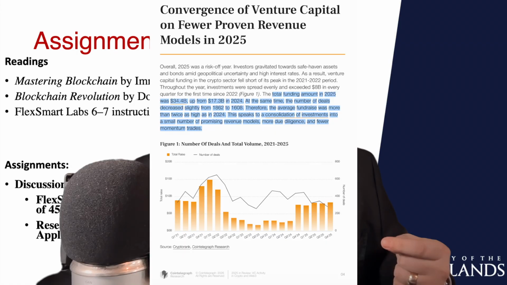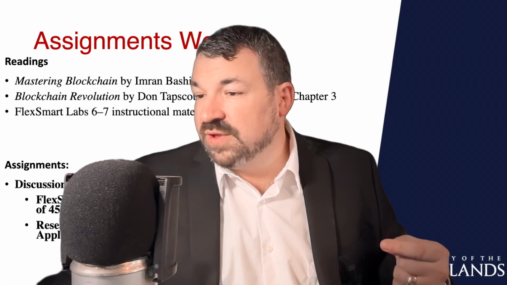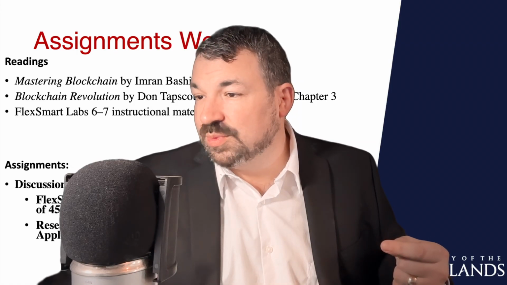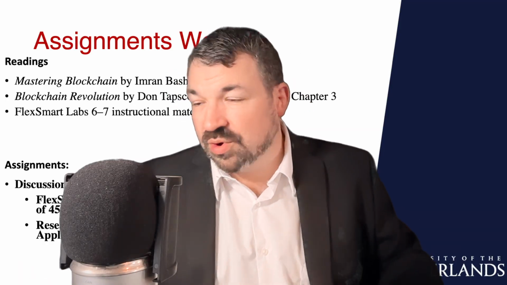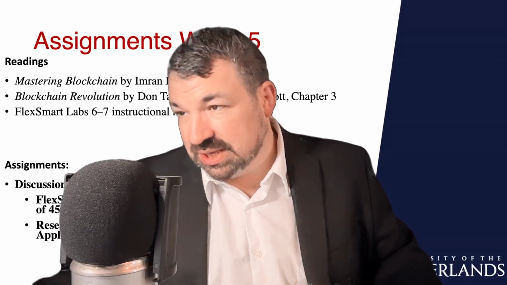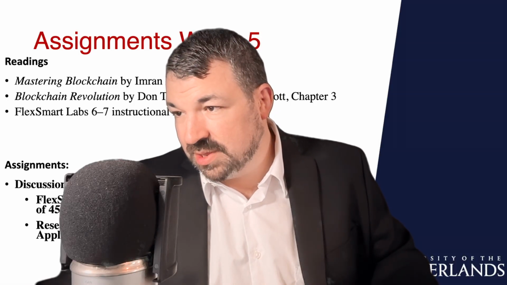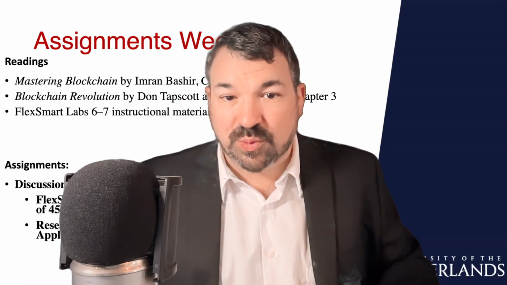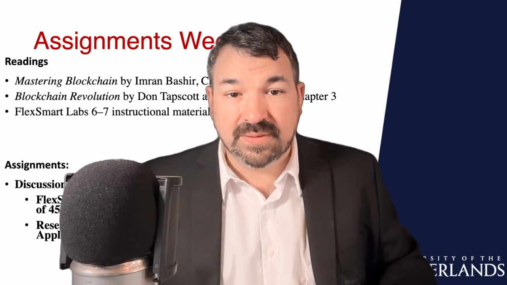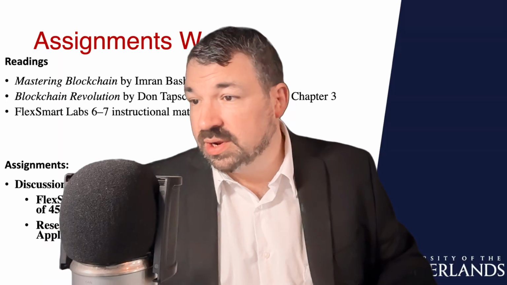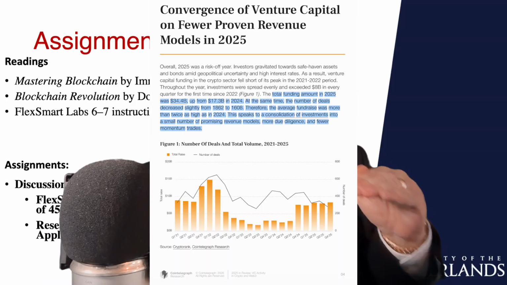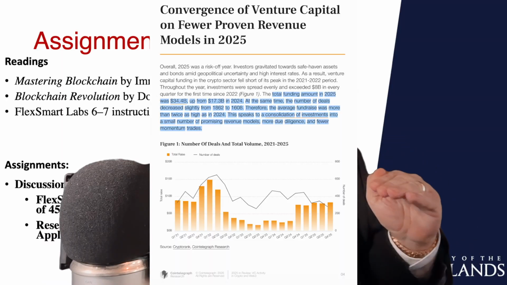So in 2025, VC investment, I want to make sure I get these numbers right because it's important. In 2024, there was only $17.3 billion of VC investment. In 2025, there was 34.4 billion.